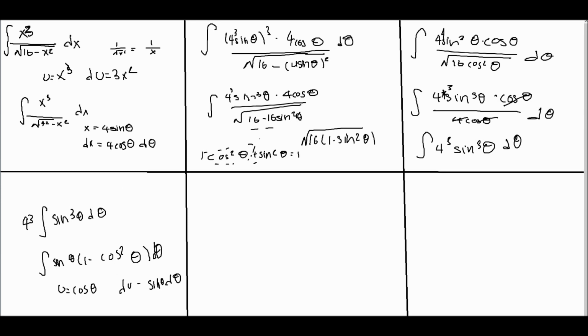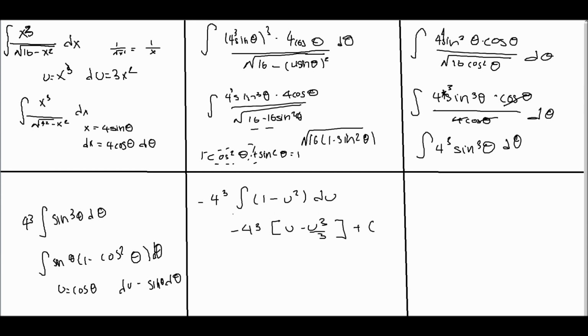It is going to be negative 4 cubed times the integral of 1 minus u squared du. So now what happens is we are going to get the following. It's going to equal negative 4 cubed times u minus u cubed over 3. And we are going to say plus c because it's not over a general region.